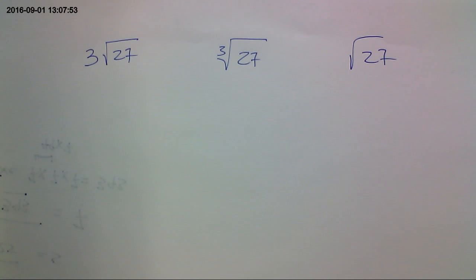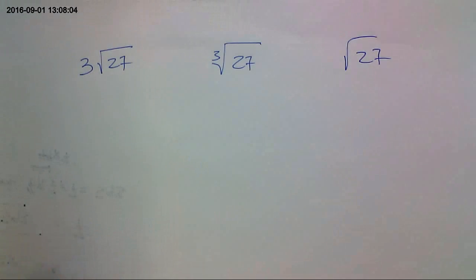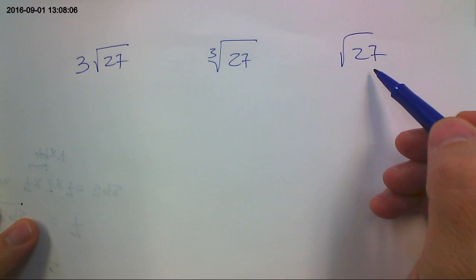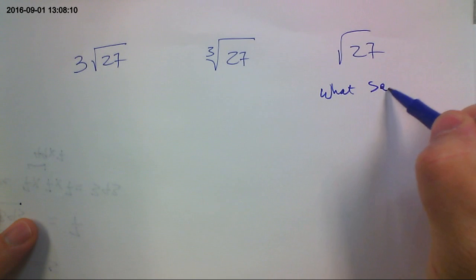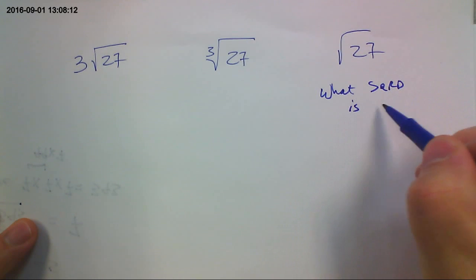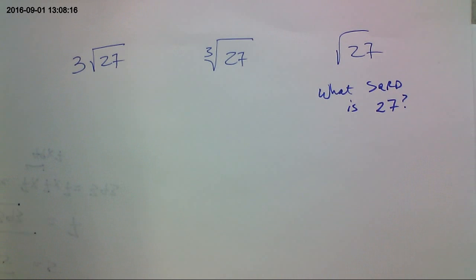How many guys think that two of them are the same? How many guys think one of them? No, all three are the same. Okay, definitely not all three, because there's no 3 over here, right? What's this one asking? Right, what's squared? You could write this down, right? What's squared is 27. That's what that one asks.